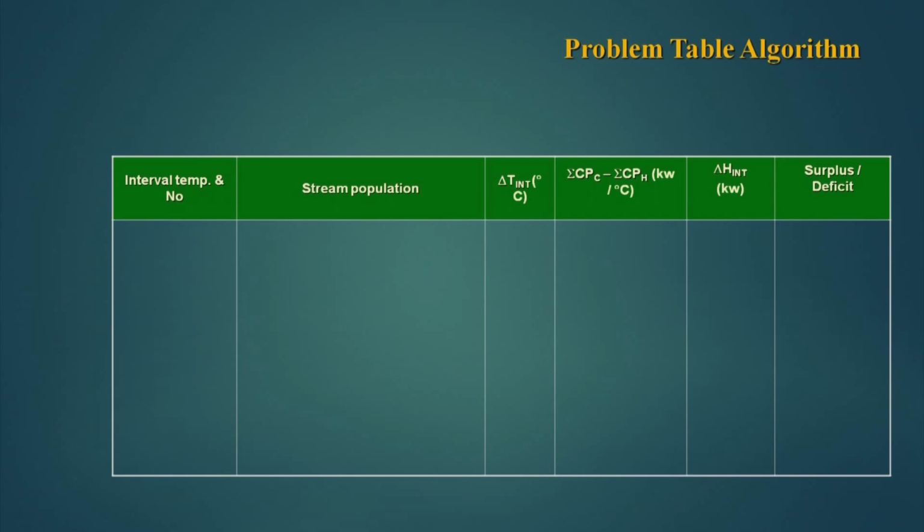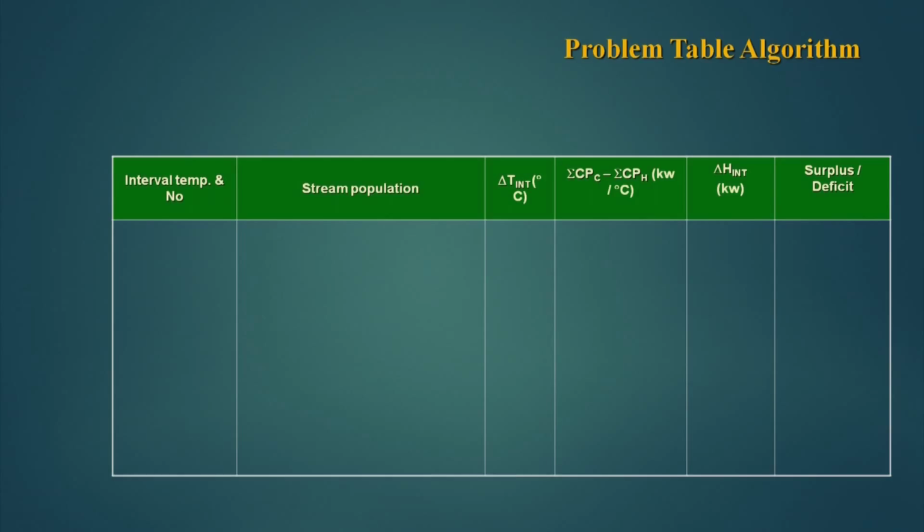Now, to exhibit the problem table algorithm, we have this table in which there is interval temperature and number, stream population, delta T interval, then summation of CPC minus summation of CPH, then delta H interval, and then we have surplus or deficit.